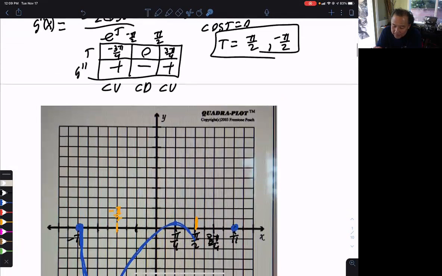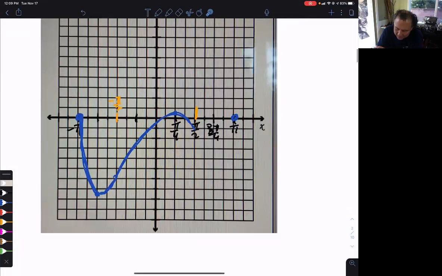I'm concave up to the right here. Well, if I draw a concave up, something bad happens. Look. If I draw a concave up, I have another relative min. That's not possible because I only had 2 critical points.